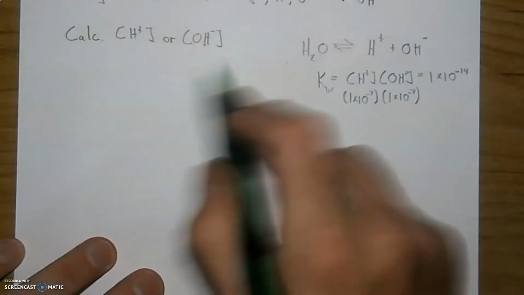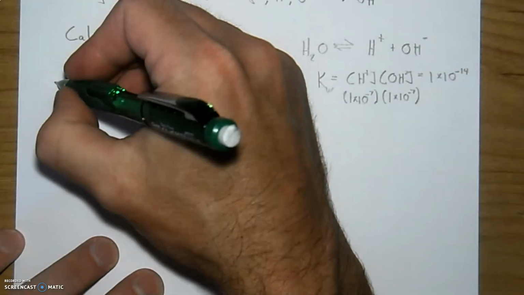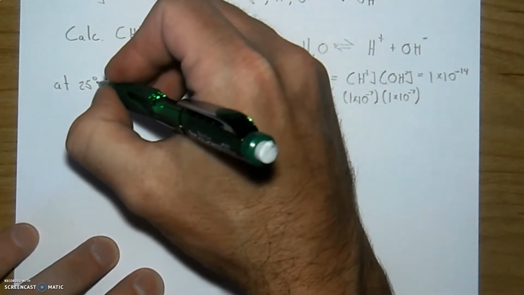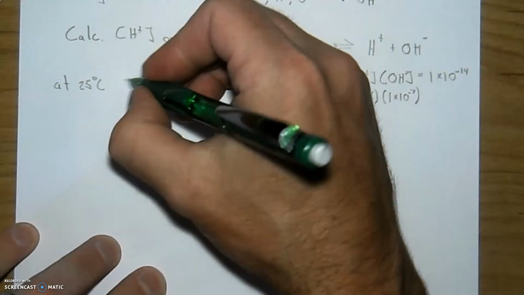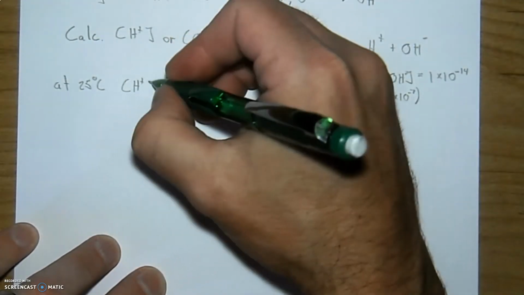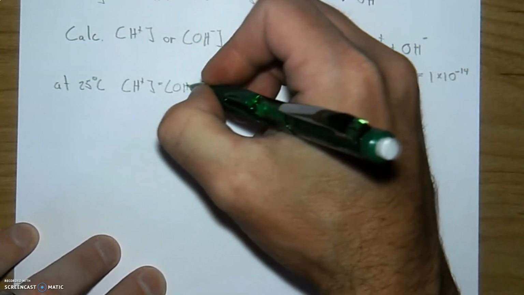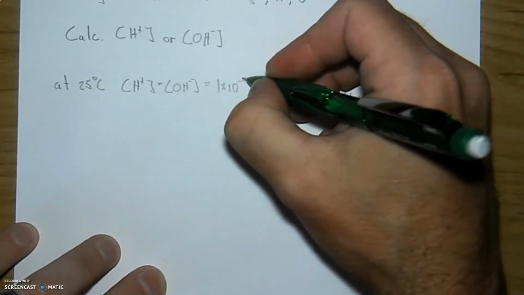Okay, working back with what we have over here, given this scenario at 25 degrees Celsius, I have these two, which I've already identified. Hydrogen ion concentration is equal to the hydroxide ion concentration, and they both are equal to 1 times 10 to the negative 7.